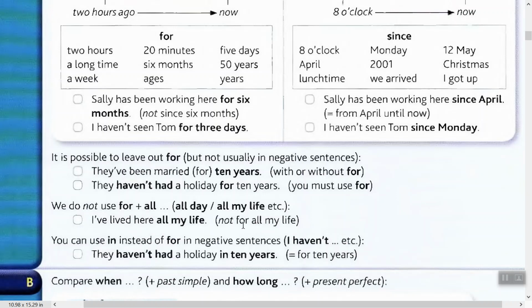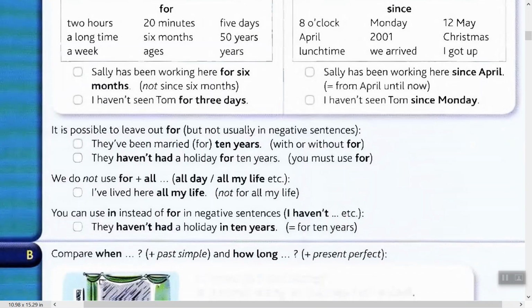Sometimes, for example, I put for, and you say right or wrong. We say wrong. Why wrong? Because we don't use for plus all my life, or all day. You see? I hope this idea is clear.